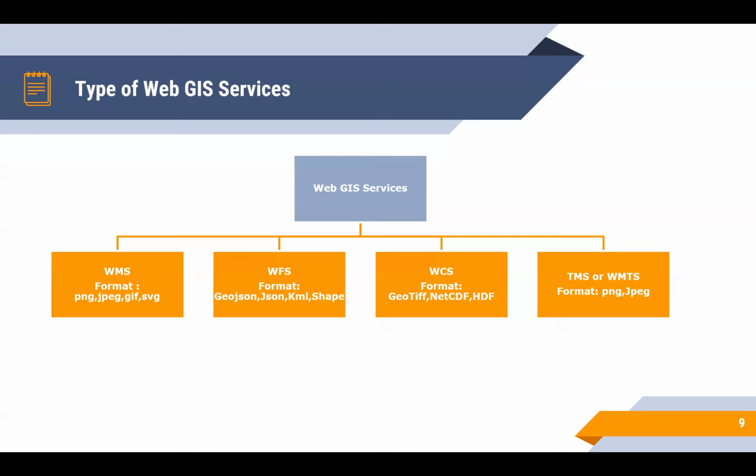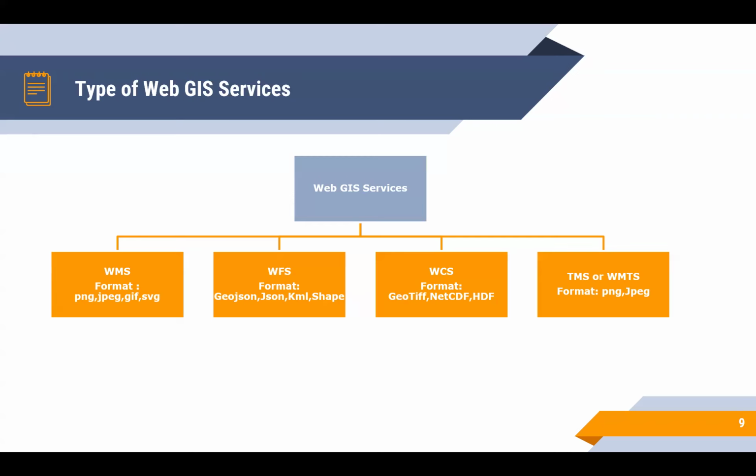When you are publishing your data on the GIS server, there are four types of services. Using these, you can decide in what category or in what form you want to publish your data. The first one is WMS, the web map service.